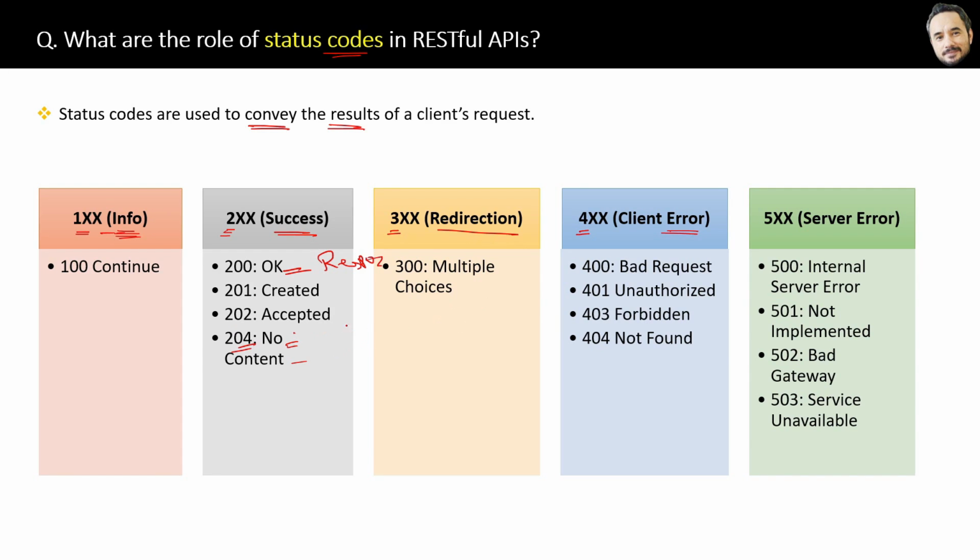The next important status I will say is 400, which means the client request has some problems. Most probably UI developers will fix those because they are sending the request, right? For example, incorrect request format or incorrect data type they are sending in the request from the UI. 401 error means the user or request is not at all authorized.